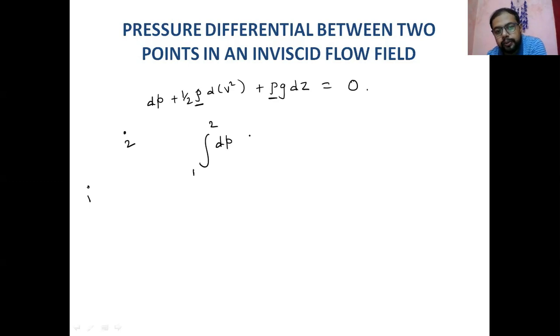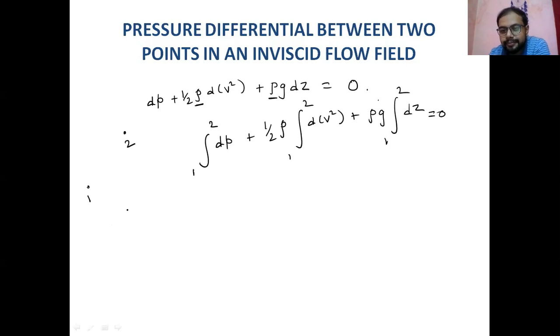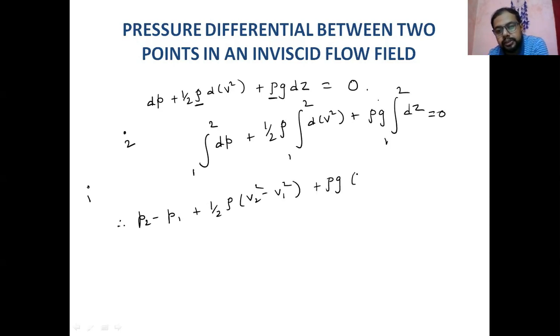So integral from 1 to 2 of dP plus half rho dV square plus rho G dz. Rho is constant, half is also constant, they will come out of the integration. So it will come P2 minus P1 plus half rho (V2 square minus V1 square) plus rho G (Z2 minus Z1) is equal to 0.